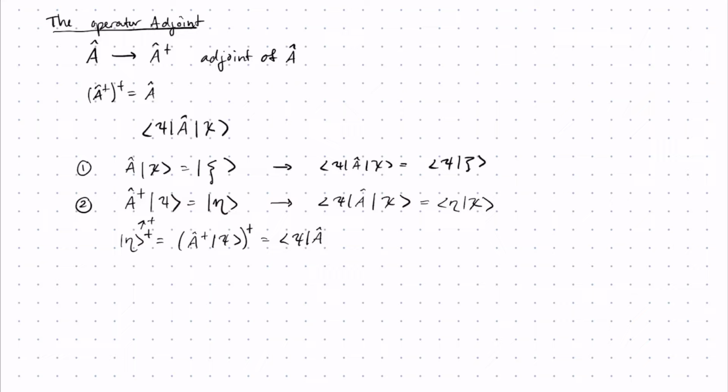If you're ever in doubt about how to act an operator, which version of it you can move to the left or to the right, I would always go back to this ket form that we're shown here. Take the adjoint of everything so that you have an operator acting on a ket, do all your math there, and then later on take the adjoint of the whole thing, just like what we did in this line here.